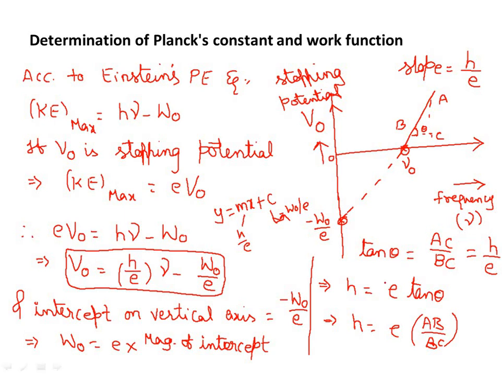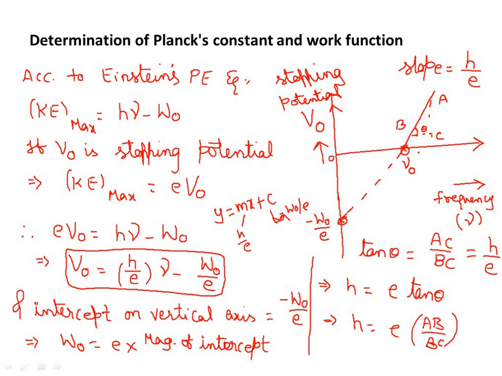So upon equating them, h equal to e into tan theta. If I want the Planck's constant, we have started the determination of Planck's constant. So e into AB by BC, which is a constant. Charge of the electron is a constant, and AB by BC, you can ask me, sir, this may vary. No, it won't. Do you remember the fourth graph in the previous sessions which we have seen?